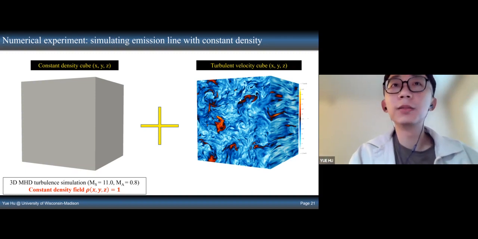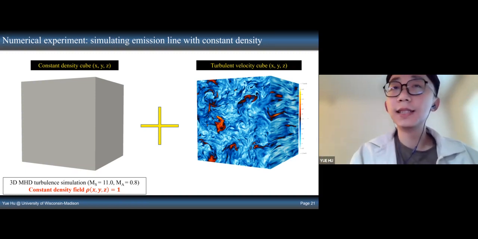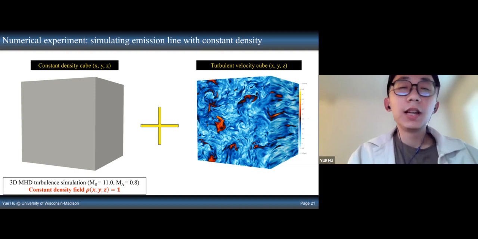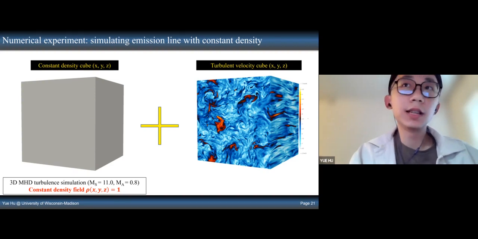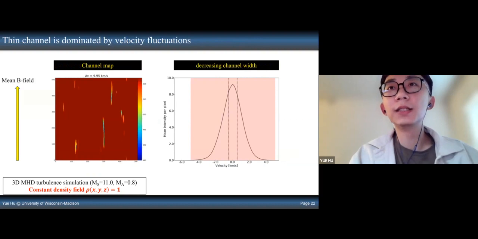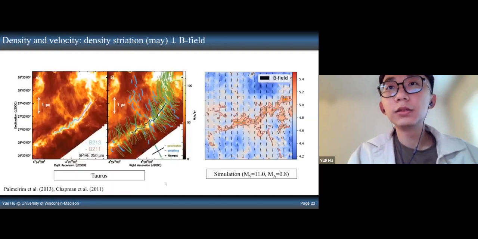Using these two cubes we generate a synthetic emission line. Remember, the density field is constant, therefore we don't have any real density structure in the simulation. So let's see what happens when we generate an emission line.